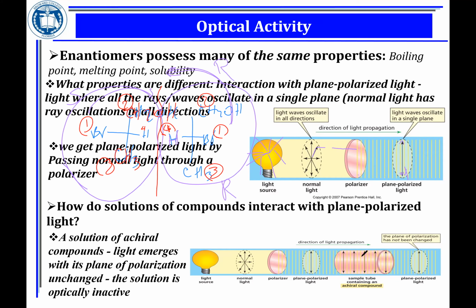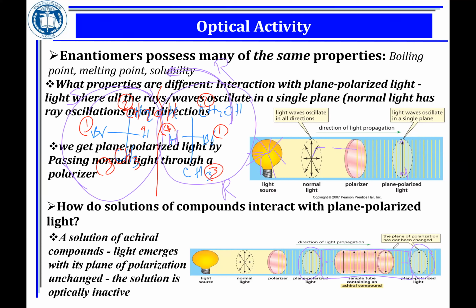Now, if you have the plane polarized light going through two filters, so if you have a filter and another filter here, basically you have a space between the two filters. Now, if you place the sample in this space between the two filters, if your sample is a chiral compound, it's going to rotate this light either clockwise or counterclockwise.